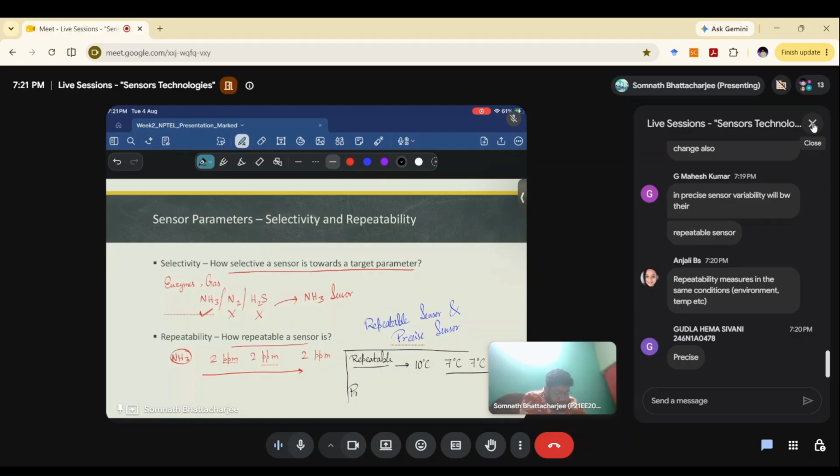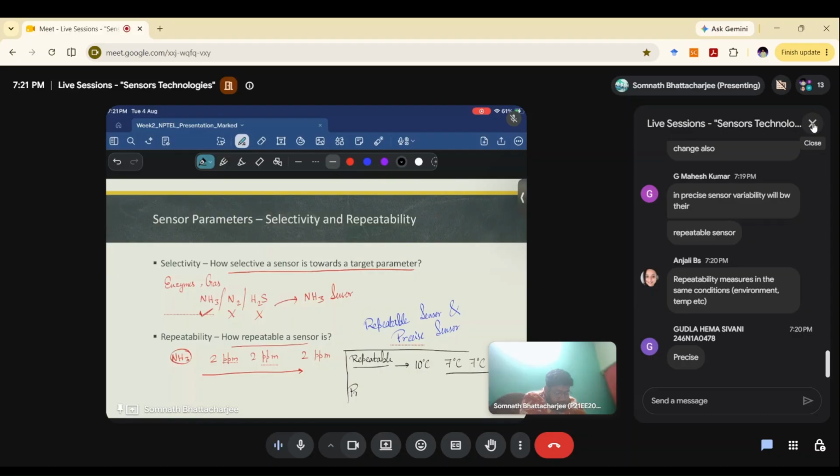Now, apart from that, we also have a method to calculate the selectivity of the sensor. So how to calculate this selectivity? Let's say for the first parameter we are getting a value x1, right? For a second parameter we are getting a value x2. So what is the error between them?